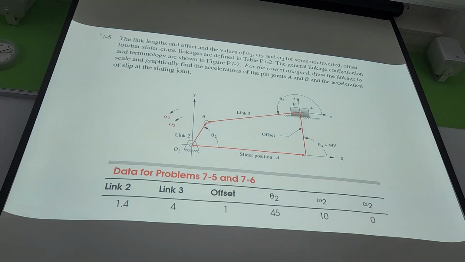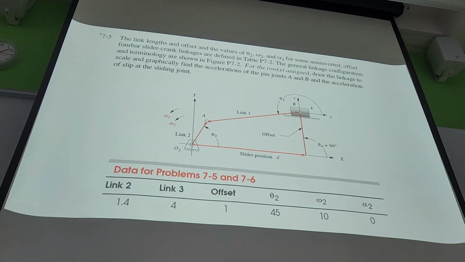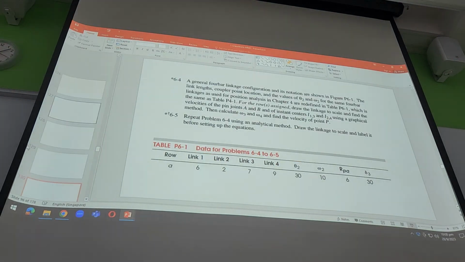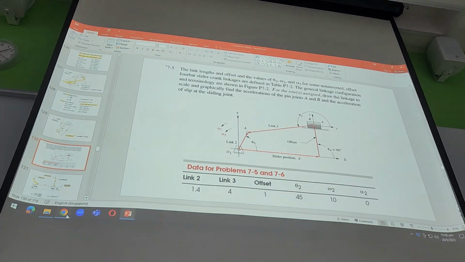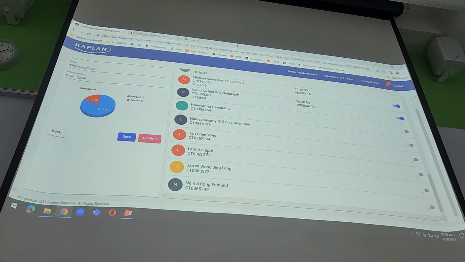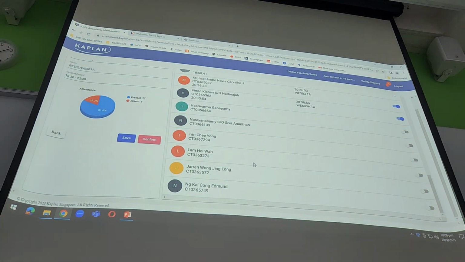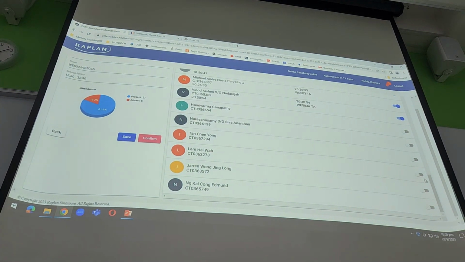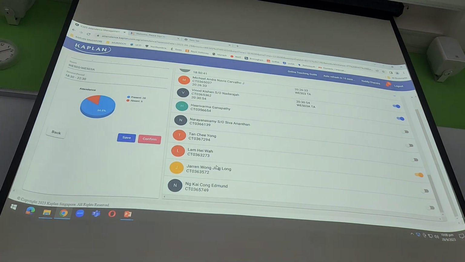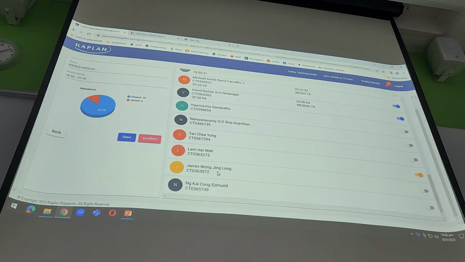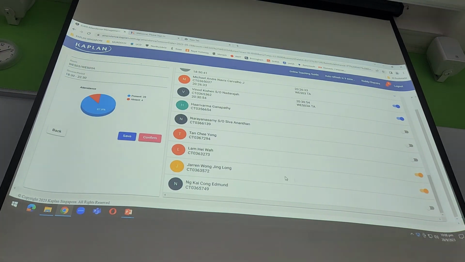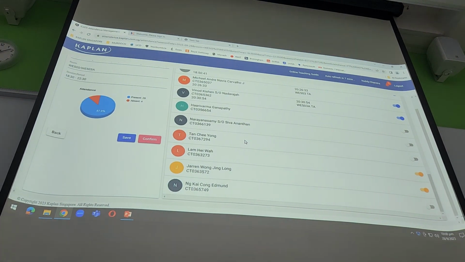Anybody not scanned, let me know. So, I think I have. Hey, you have not scanned, right? Who? Jared. Wrong. Yes. Who else? Chiam, is there?